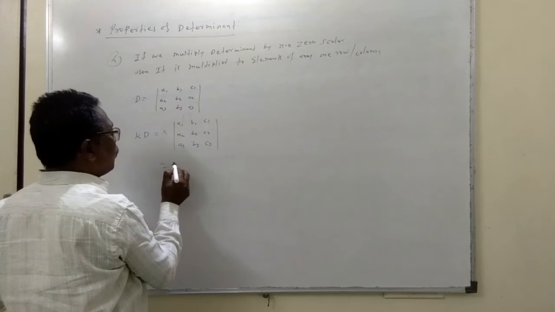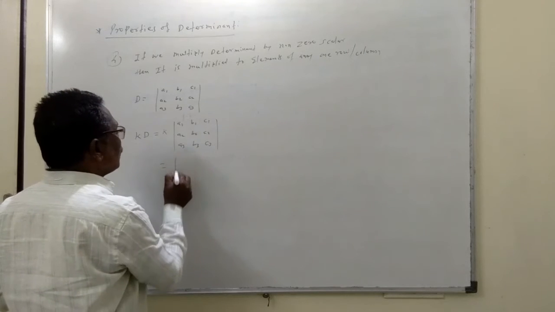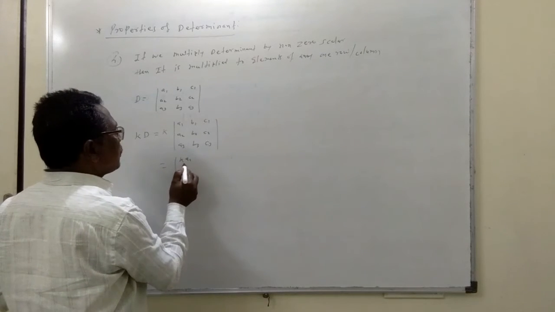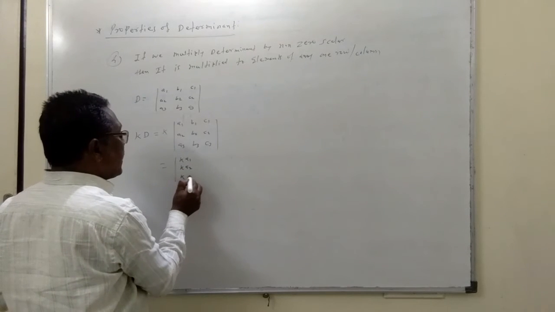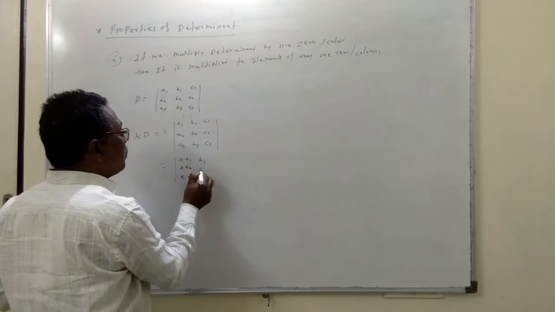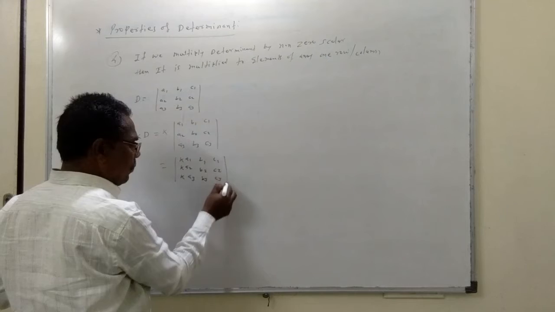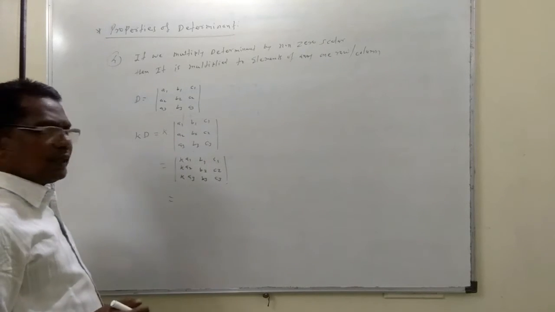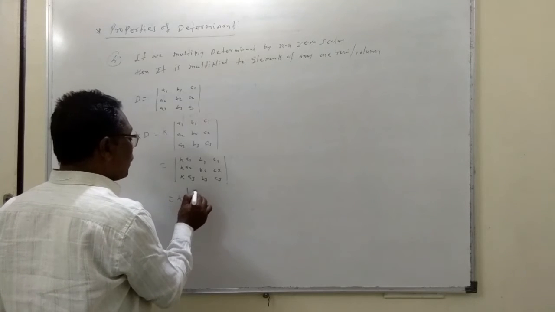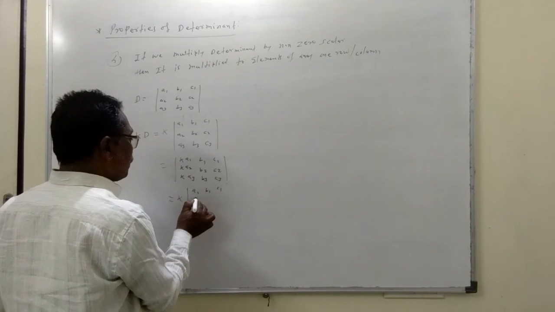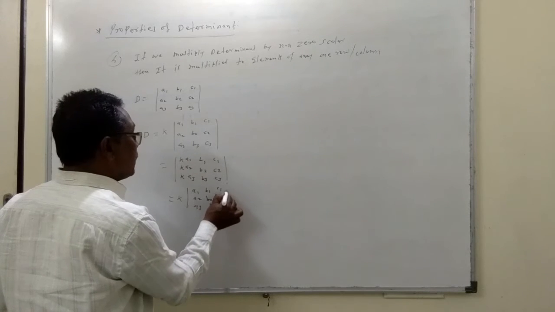That is equal to, if you take this inside, you multiply to any one row or any one column. So we can write KA1, that will be multiplied to the first column, KA2, KA3, B1, B2, B3, C1, C2, C3. Now here K is common in the first, so we can take that outside also. So K into A1, B1, C1, A2, B2, C2, A3, B3, C3.